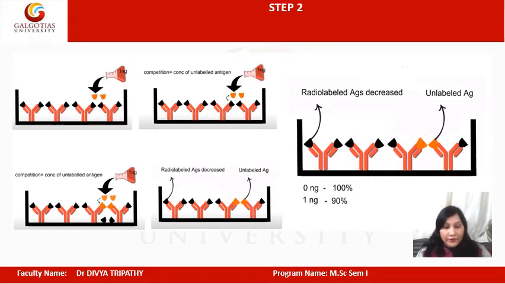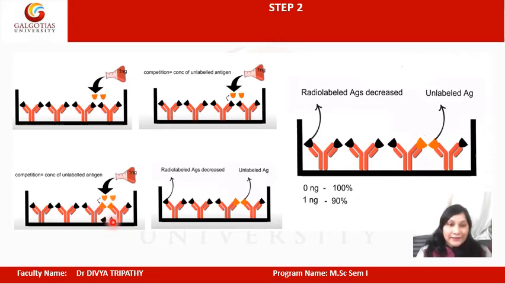Now what we will do is we will add a 1 nanogram solution of unlabeled antigen to this microtiter plate that has 100% radioactivity. What will happen? This unlabeled antigen will compete with the labeled antigen and will replace this labeled antigen and take its position on the antibodies, right?